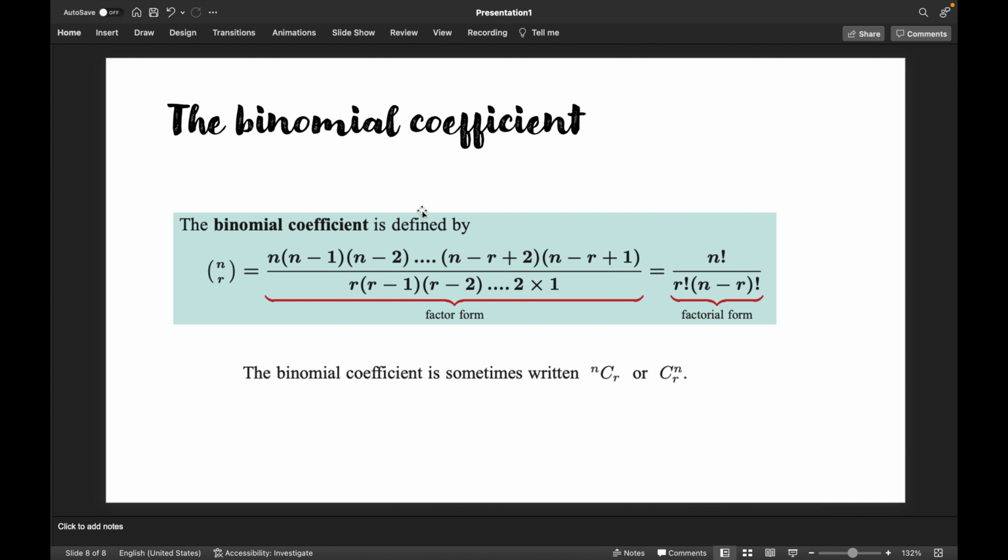It's defined by brackets n, r in the vector form, or you can write this as nCr or C(n, r). So these are the three ways you can represent the binomial coefficient. And this is defined as n factorial divided by r factorial into (n minus r) factorial.